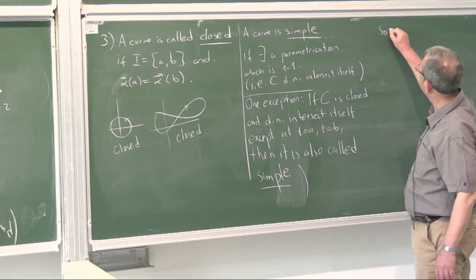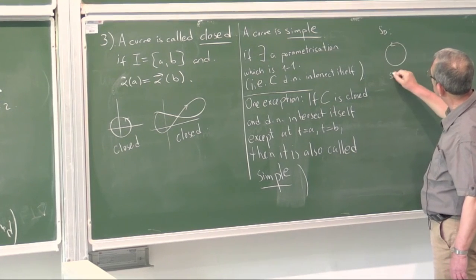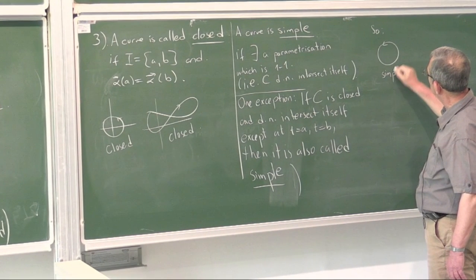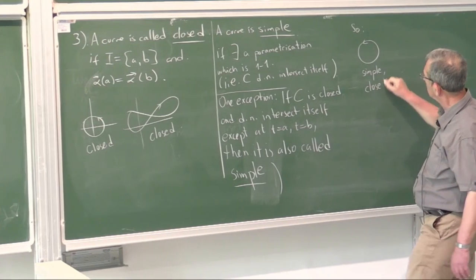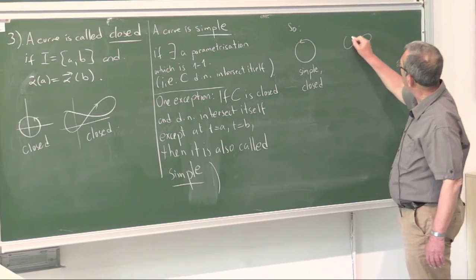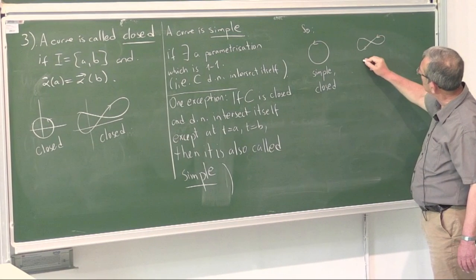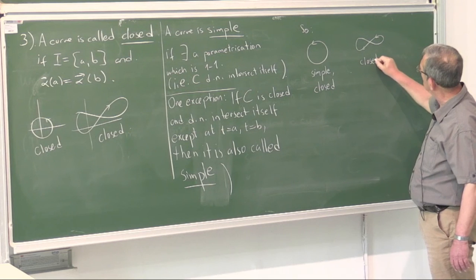So, this curve, this is simple, closed. This curve is closed, but not simple.